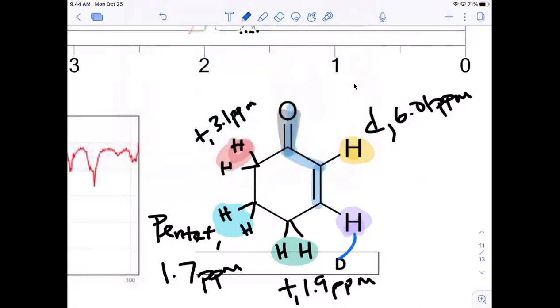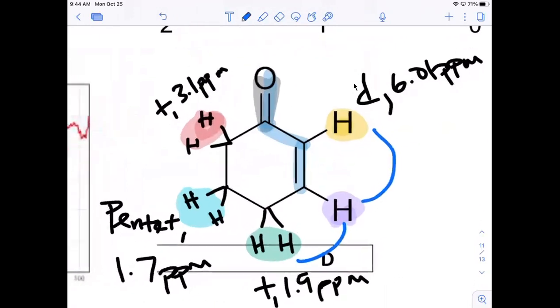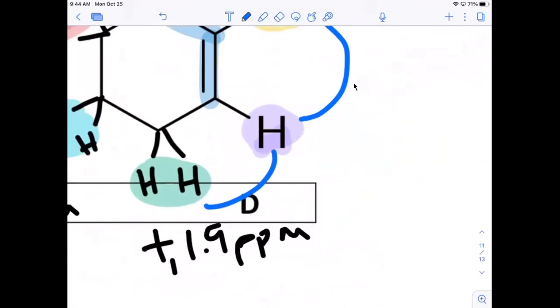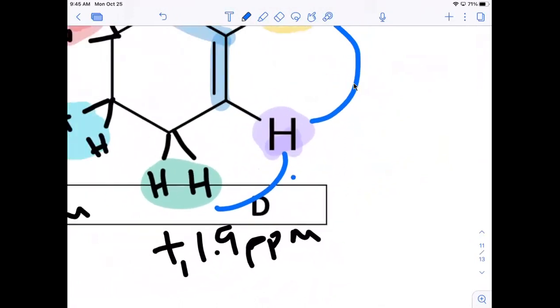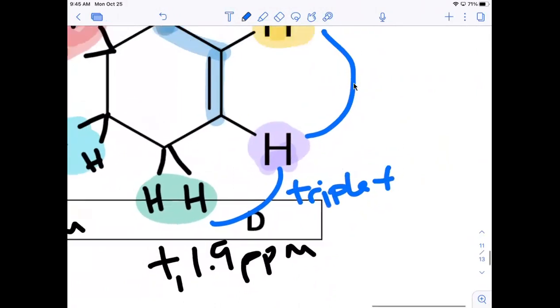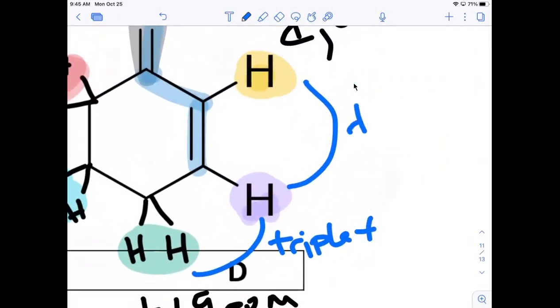So it's going to split with these, and it's going to split with that one. Right. So for this one, it should be a triplet, but then for this one, it's going to be a doublet.